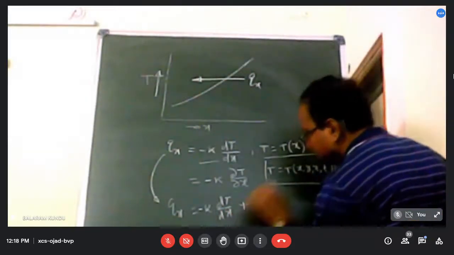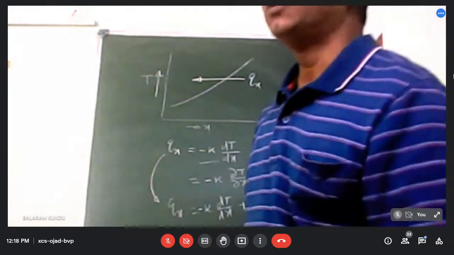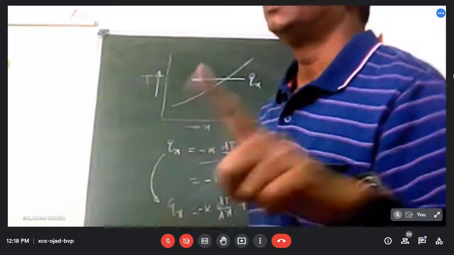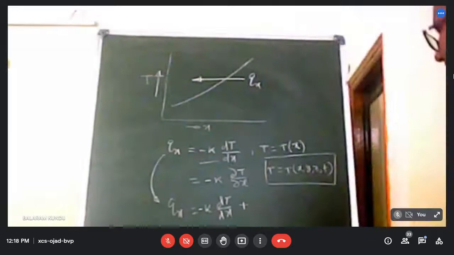That flux is called the convective or enthalpy flux.